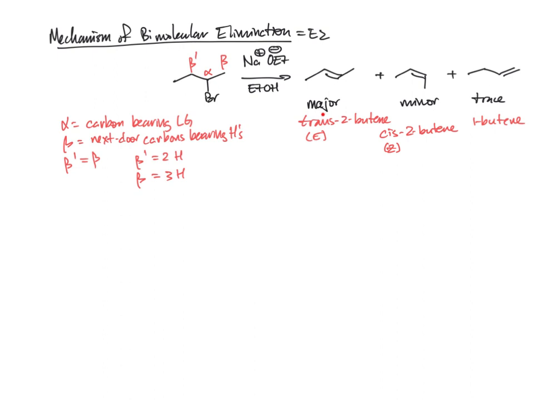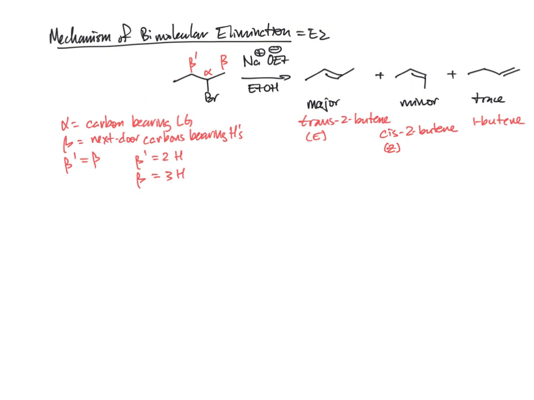Beta or beta prime? So it's resulting from beta prime, but how do we make sense of that? If beta prime has 2 and this has 3, statistically, the base should abstract more protons from the beta carbon because there's 3 of those versus 2 of those.